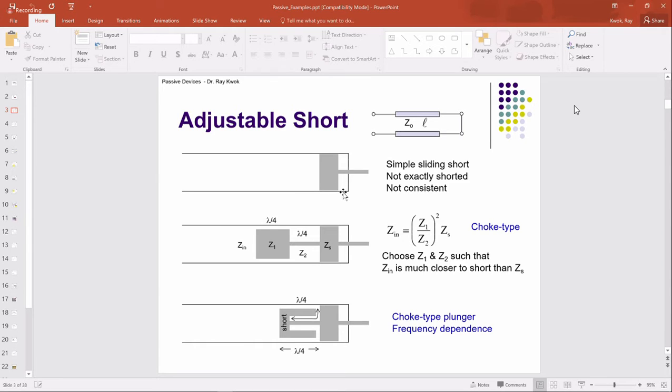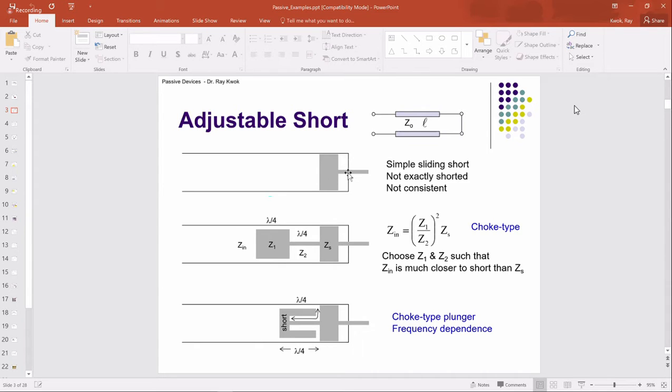But what if I want this short to be tunable? Sometimes we do. I'll show you examples of why we want it to be tunable later. Let's say I want to have a short stub, but with a variable length. How do I do that? Because I cannot easily move the metal. So he said, no problem. I can put a metal punch in here, and just slide this in and out, right?